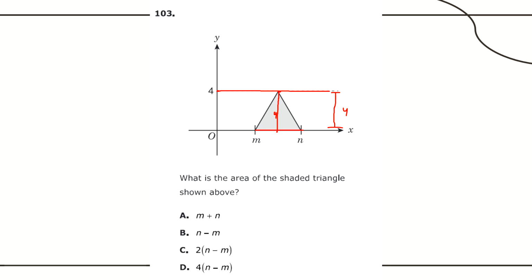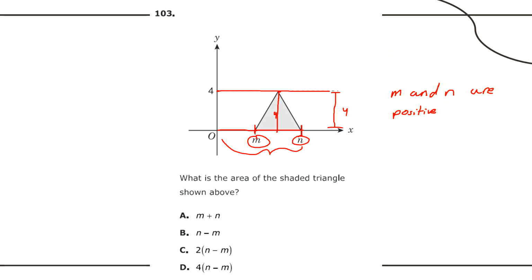Well, we know that both M and N are positive. Okay, now if we were to find this length, we would have to subtract M from N, because M represents this much, and N represents this much.